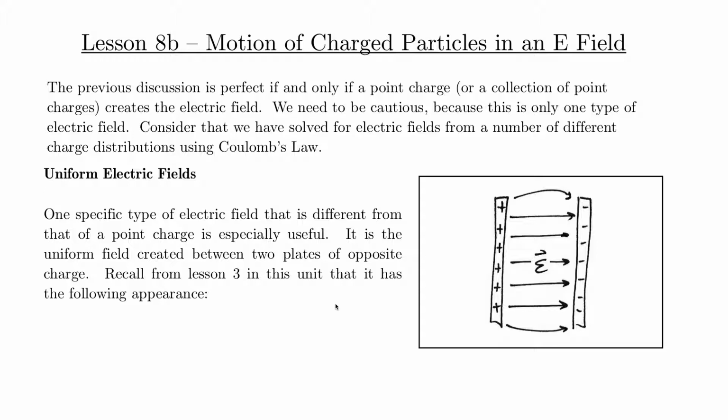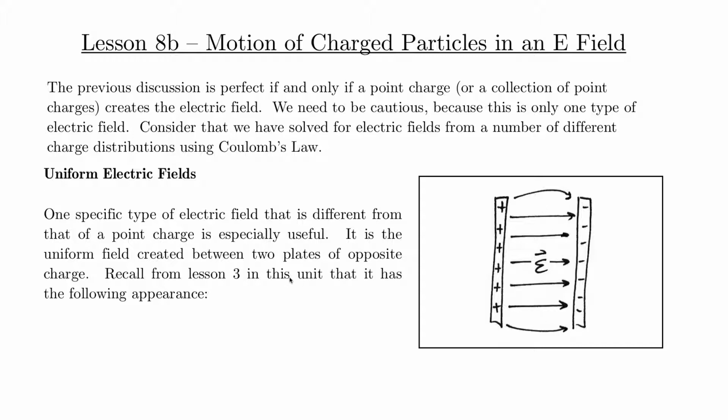If we recall from the lesson about electric fields, we saw that this is just uniform. It's the same all the way throughout. No matter how close you are, no matter how far you are, it's a uniform electric field.